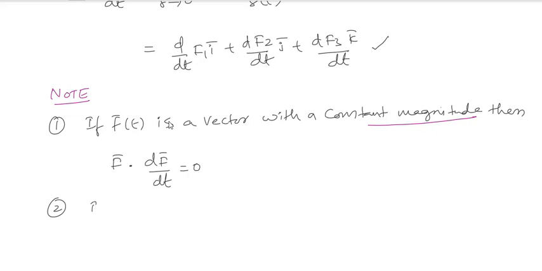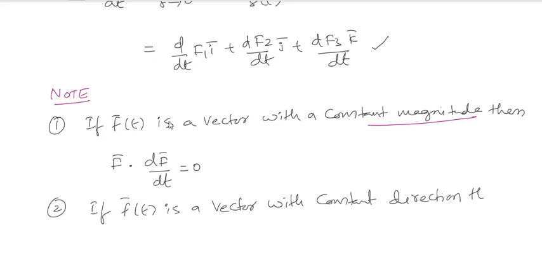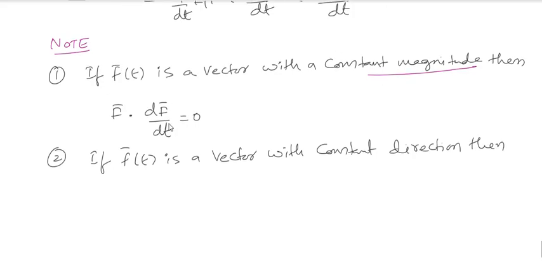If f bar of t is a vector with constant direction, then you can represent this as f bar cross df bar by dt, which is equal to 0.